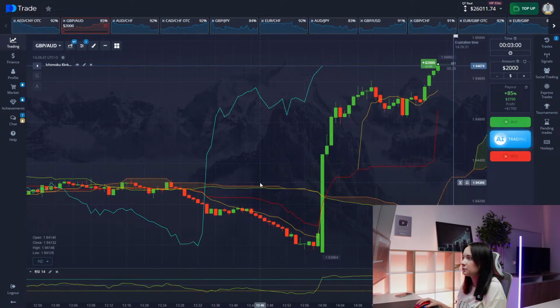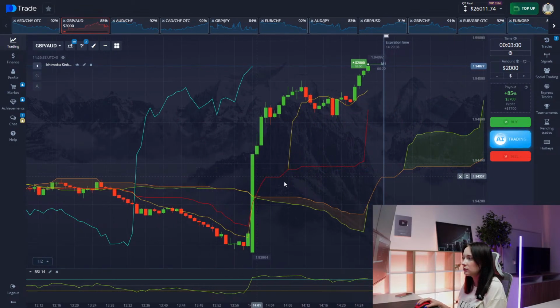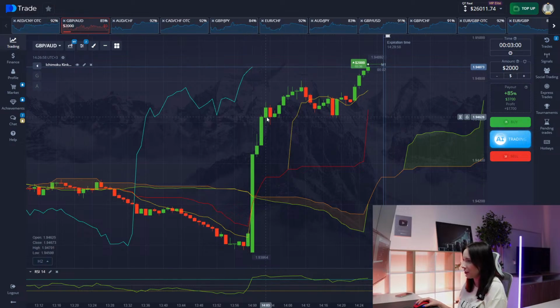Let me explain why I did it. I opened the pound sterling and Australian dollar currency pair chart, and my main currency pair chart lies above the cloud, which means an overall buy position. Of course, I found a crossover here. A crossover signals that the trend direction will change. So even though the trend continues to develop downward, you should wait for a reversal and open a buy position.